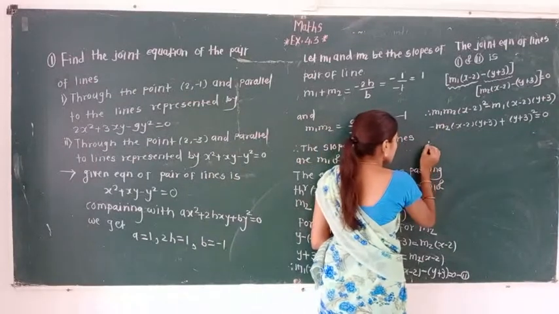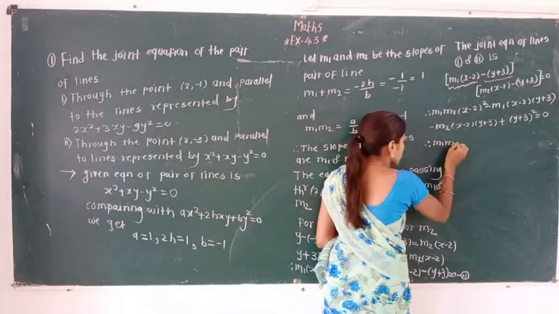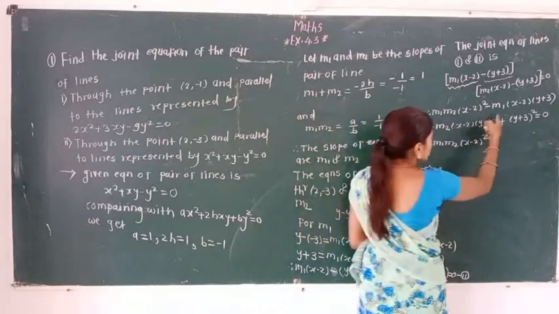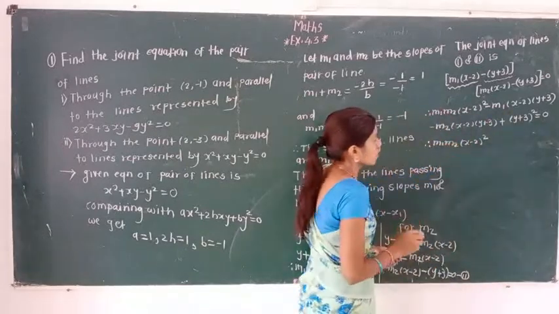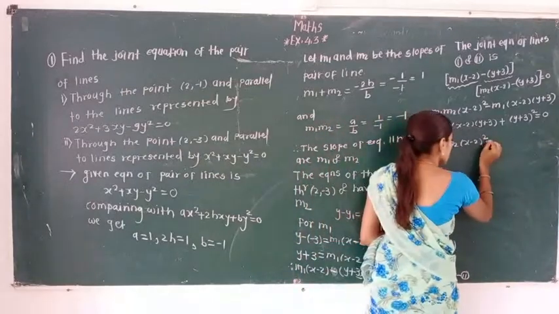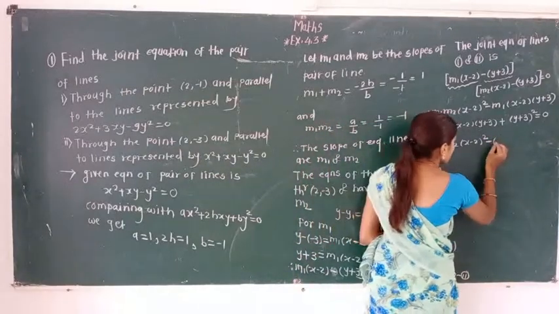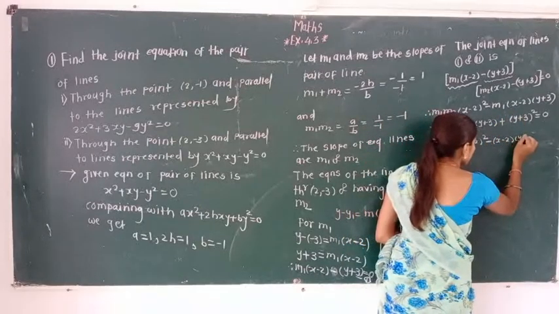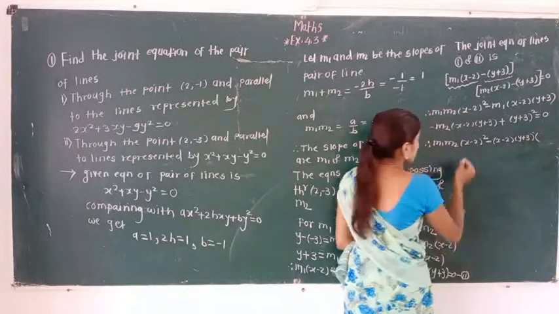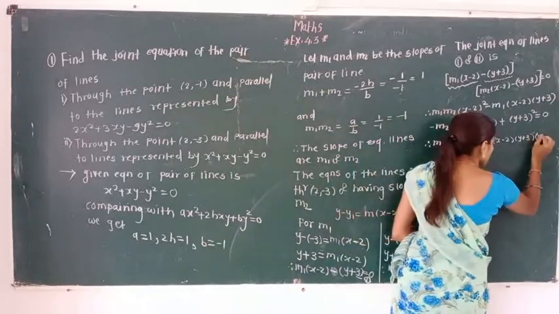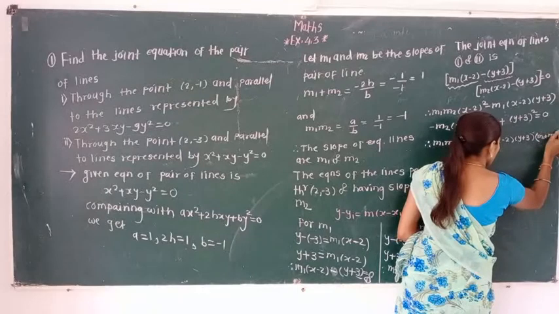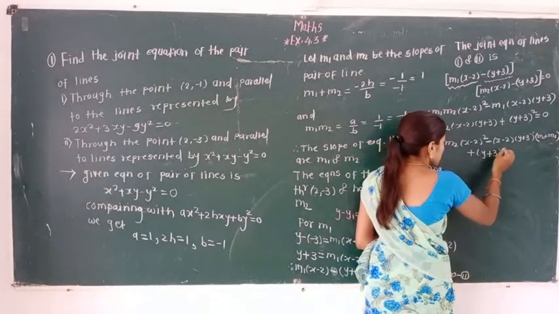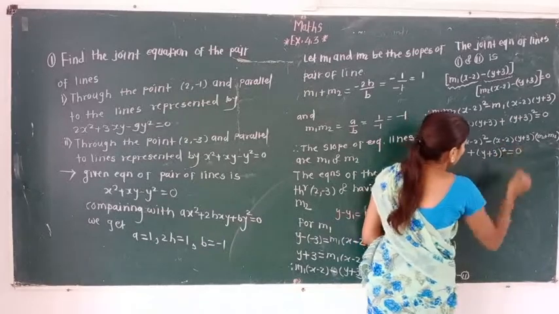The first term we take as it is, m1 into m2 in bracket x minus 2 bracket square. Then the common factor of these two terms is the minus sign, in bracket x minus 2 into y plus 3 is also common, and in bracket m1 plus m2. Now plus y plus 3 bracket square is equal to 0.